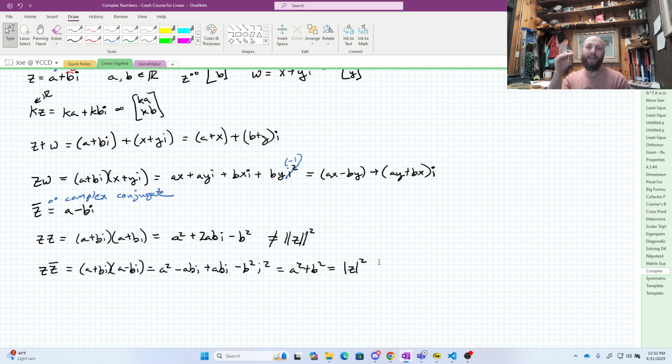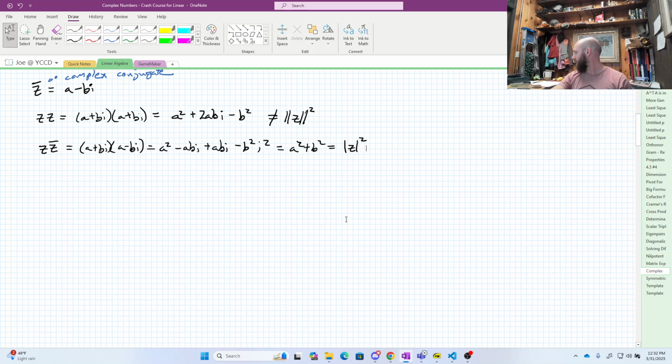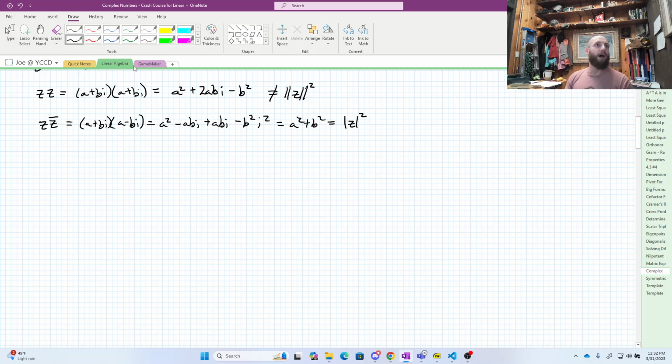So a vector where the entries are complex numbers. So let's write that down a little bit. This is, by the way, where you could hop back in if you understood complex numbers, because this is going to be a different thing. So we're going to have complex vectors.